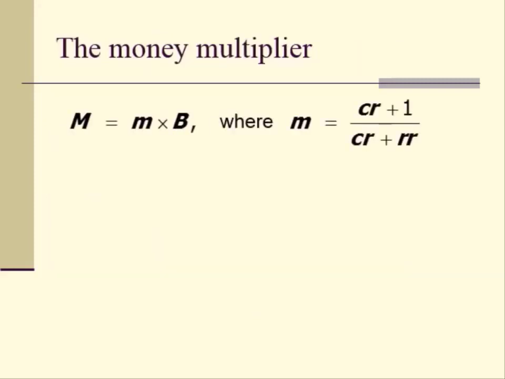So this equation shows how the money supply depends on the three exogenous variables.